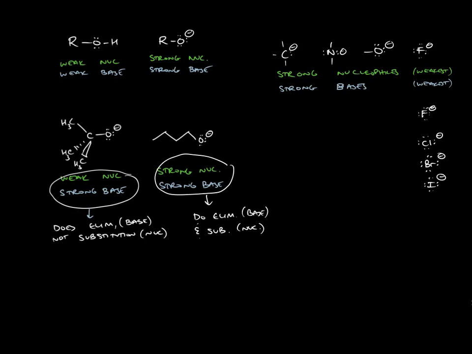Well, the larger they become, the more stable they become. So when it comes to bases, they're less likely to act like a good base because the I minus is most stable. So this guy would be a weaker base. In fact, we would say that F minus is a weak base, and when we go down to the bottom, they're almost negligible.